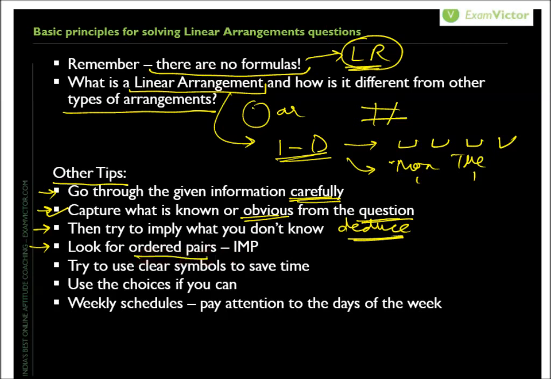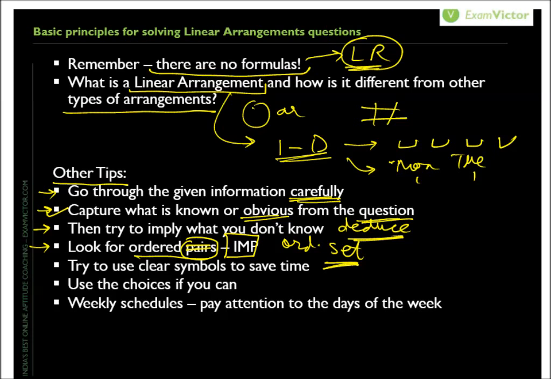Now, coming to this concept of ordered pairs. Ordered pairs is a really important concept for linear arrangement questions. What does an ordered pair mean? An ordered pair is basically 2 objects that you know have to occur next to each other. The pair word is actually misleading. In fact, a better name would be ordered set. An ordered set of objects is a set of objects that you know have to occur together.